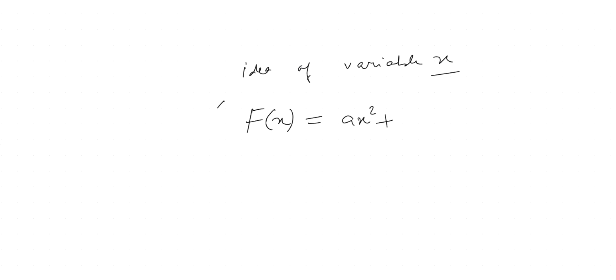The first idea that I want to introduce you to is the idea of a variable. You'll always encounter variables x, y in algebra, and quadratic equations also deal with such variables. Now, first of all, understand that when I write f(x) = ax² + bx + c, this, my friends, is a quadratic expression.